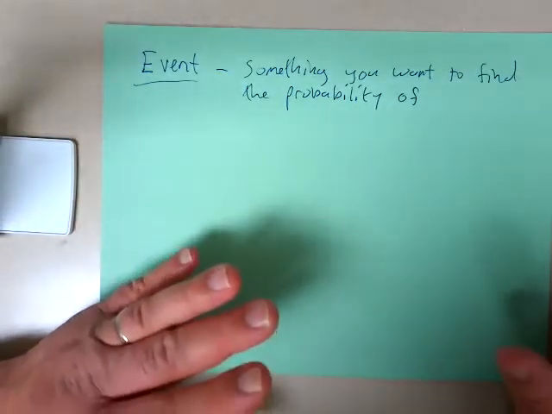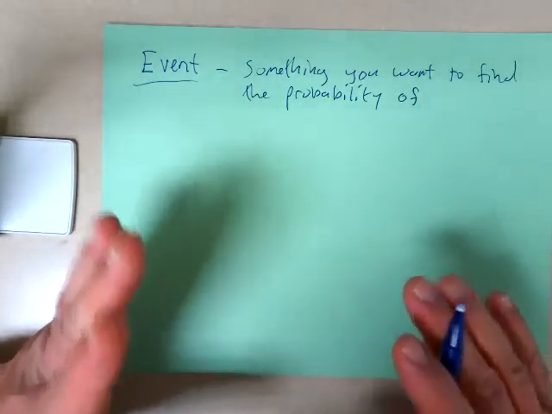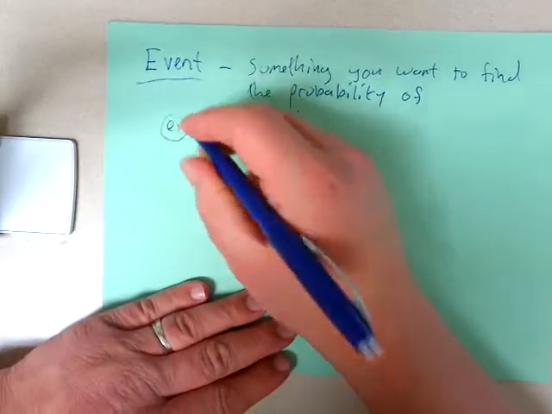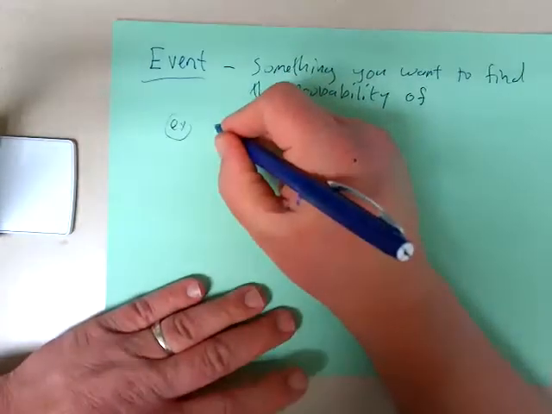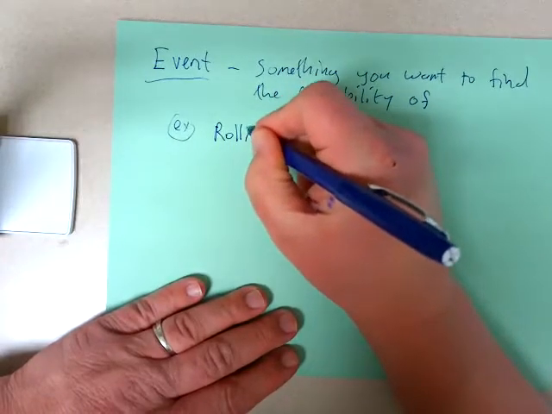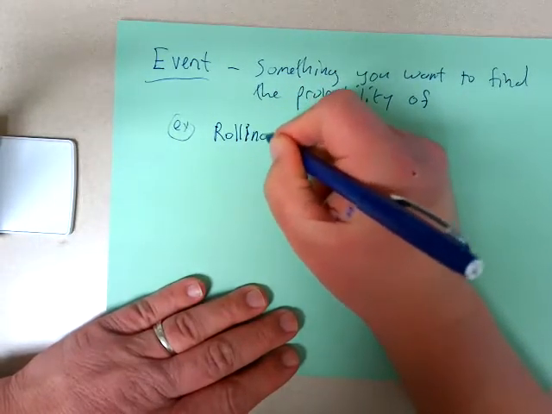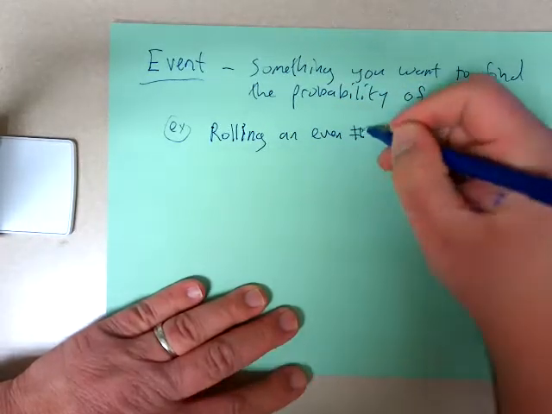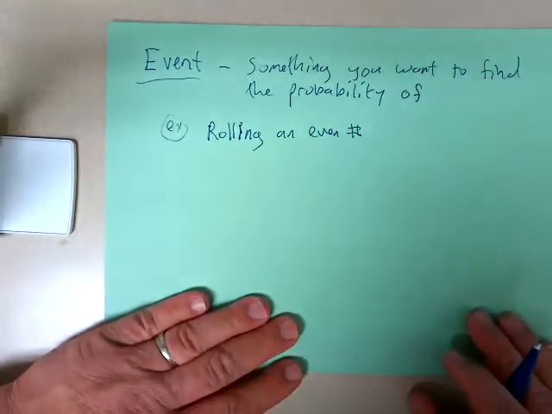Like if you roll a 6-sided dice, maybe you want to find the probability of rolling an even number. That's something you could want to find the probability of.